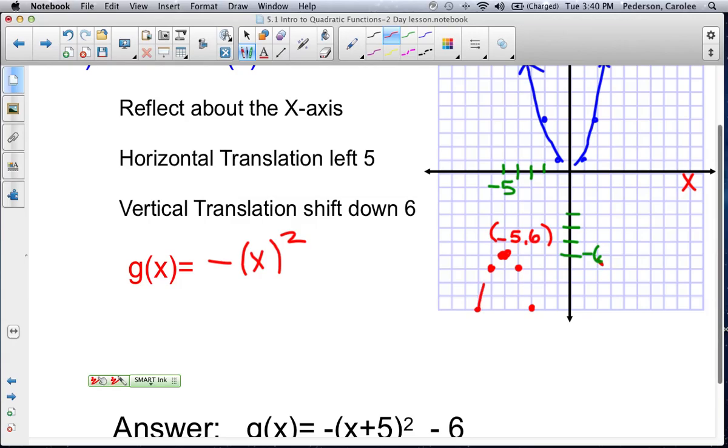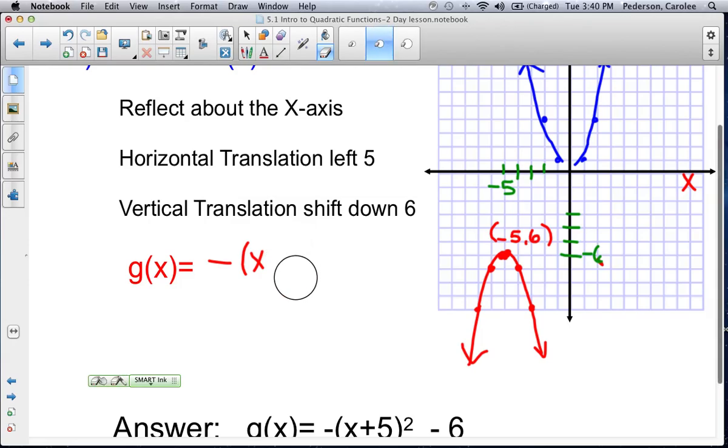So now here is the graph of this parabola with the 3 transformations. But we have to finish writing the equation of this function. So when you move to the left 5 units, that goes inside the function, so we have to erase that.